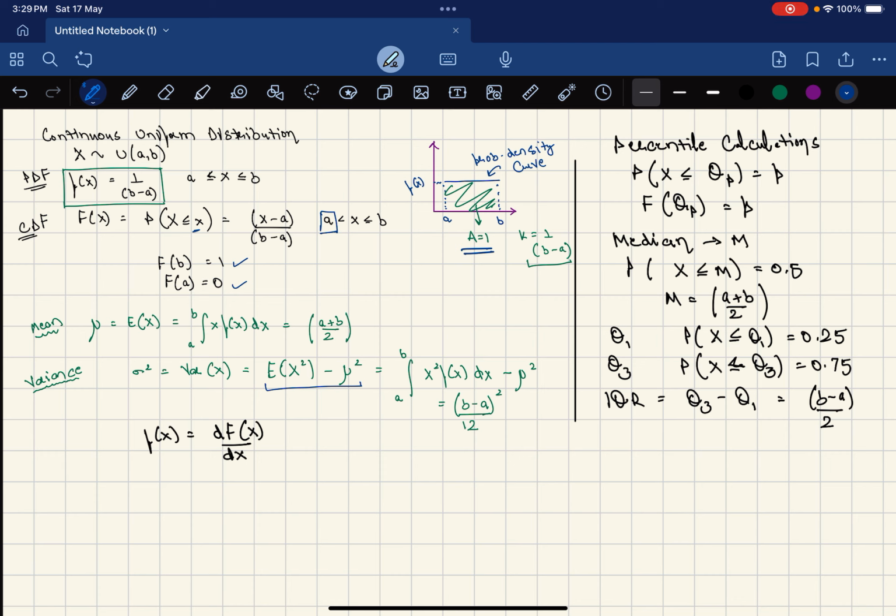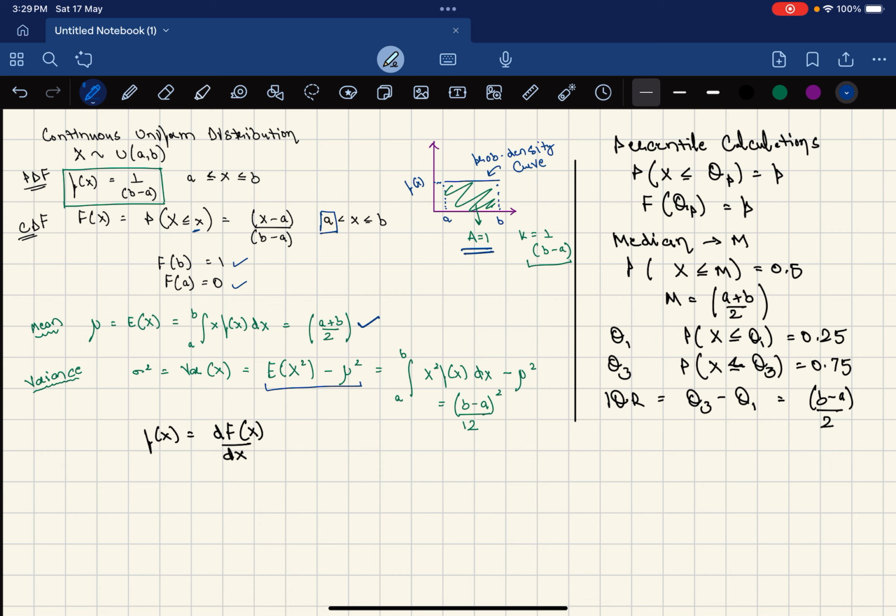Here we integrate the same product of x with the probability density function, over the total x range, to compute the expected value, and we obtain that value as a plus b upon 2 for the uniform distribution. Then for variance, we calculated it as the difference between the second moment of x and the square of the mean, and once again we use the same integral method to get the second moment of x, and we obtain the value as b minus a whole square upon 12.